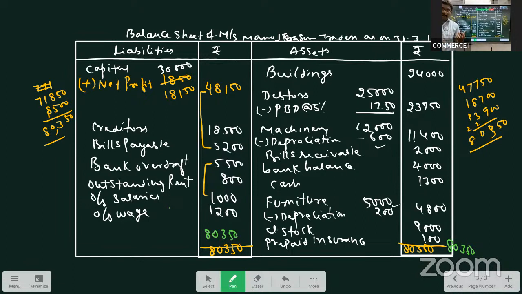You may have several adjustments, but as expected in IPE, there are 5 to 6. I am taking only those questions. It is on page number 332, question number 6. Prepare final accounts from the trial balance of Brindavan business for the year ended on.